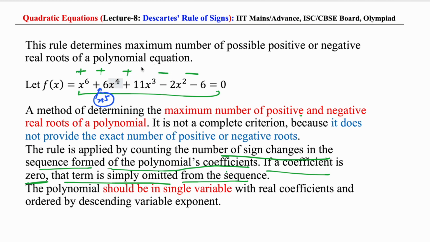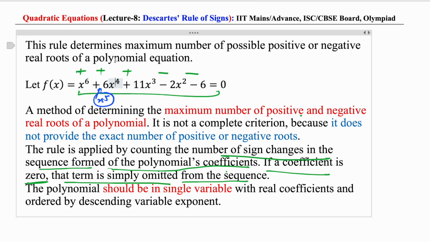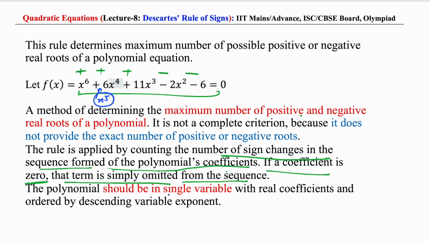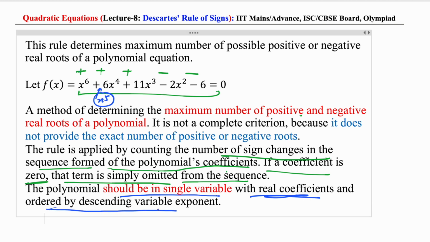So how do we get the positive and negative real roots? The polynomial should be in a single variable, x or any other variable, with real coefficients and ordered by decreasing variable exponents.